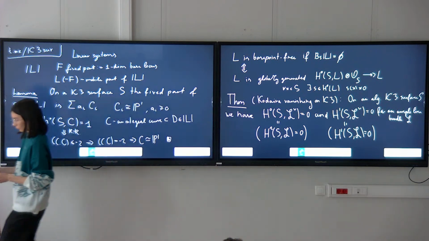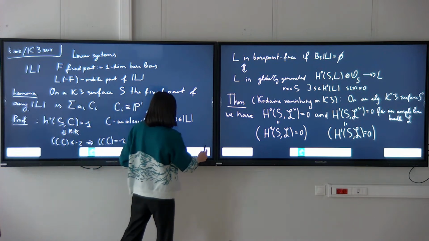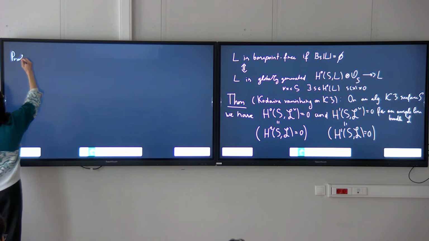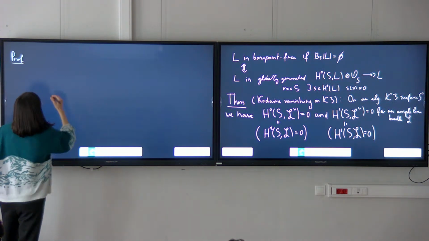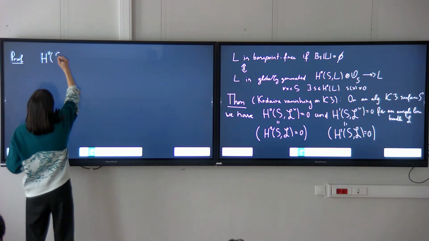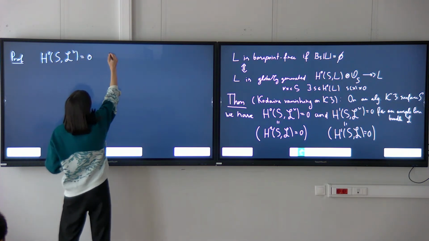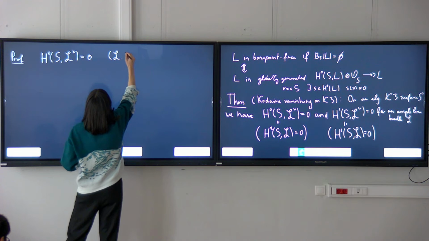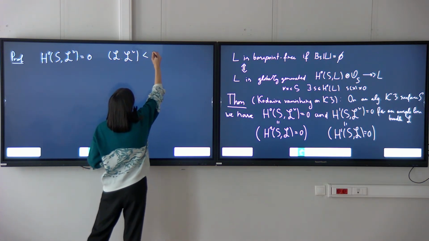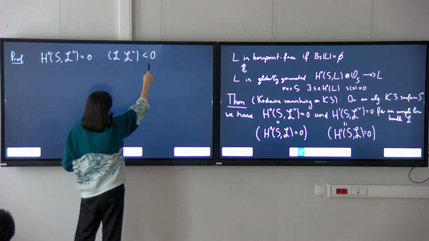So let me prove this statement. First of all, this part is immediate, just because we can consider the intersection of L with L dual, and it's strictly less than 0.